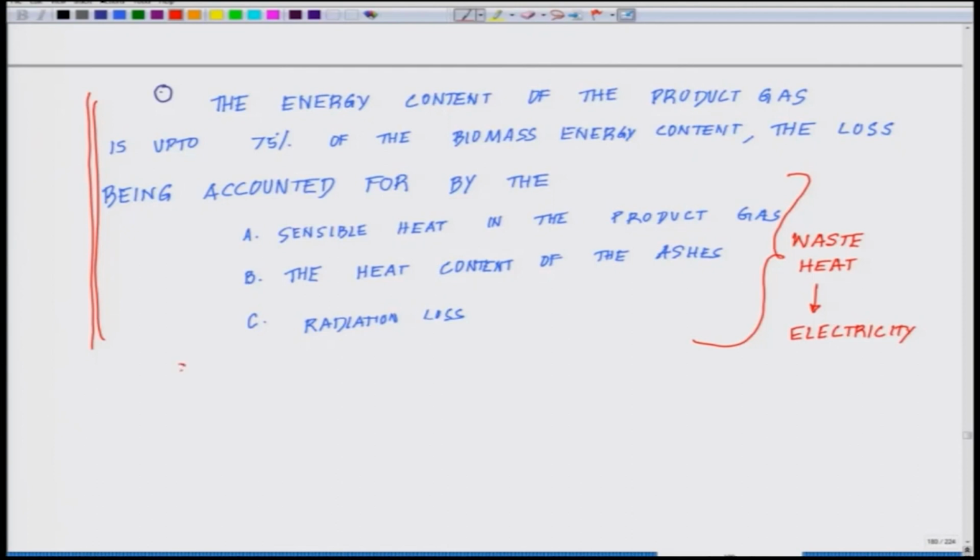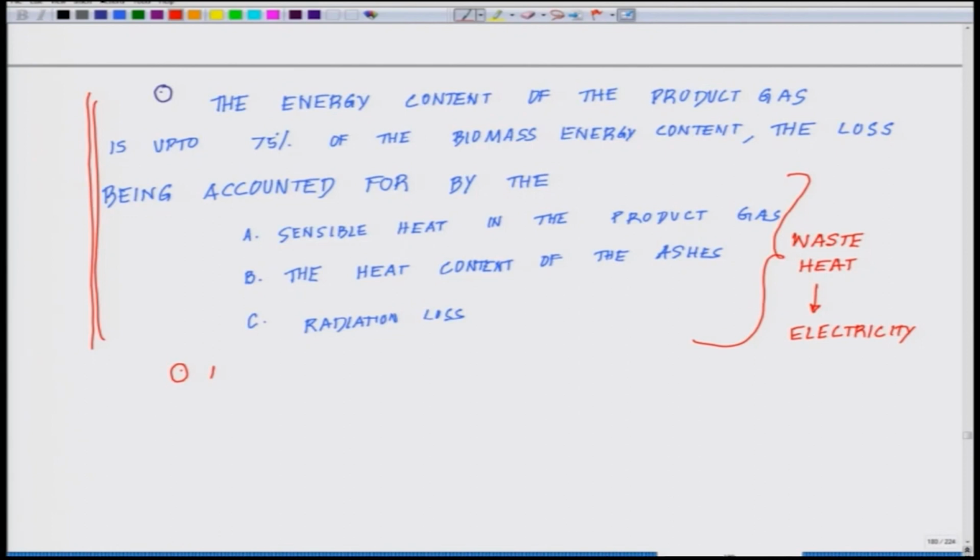So, now after this, the next point which is worth highlighting here is that in addition to the initial release of volatiles, a solid char residue is produced termed as charcoal. If produced from this, char can be reacted further to have additional gases. What does this mean?